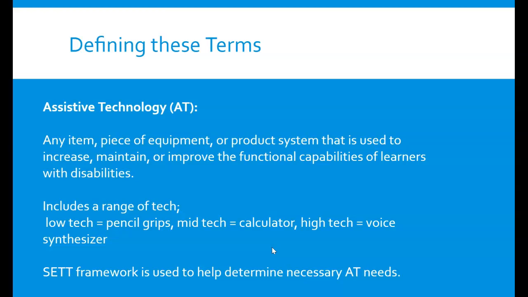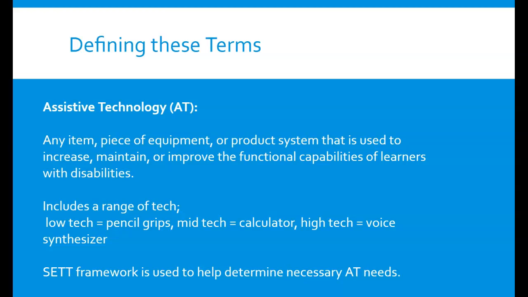The next row is assistive technology. Any item or equipment or product that helps to provide access to the learning environment or to even things like extracurricular activities or specials. These are things that would be considered here. Most students will have access to assistive technology in the school.